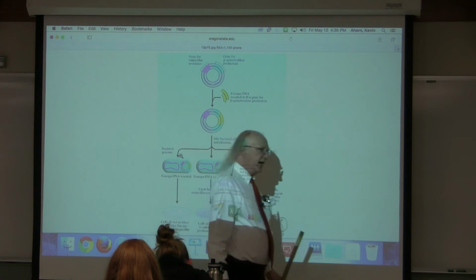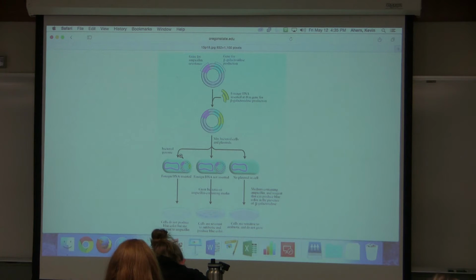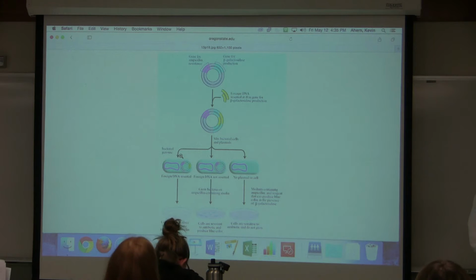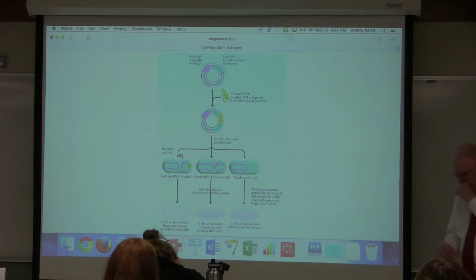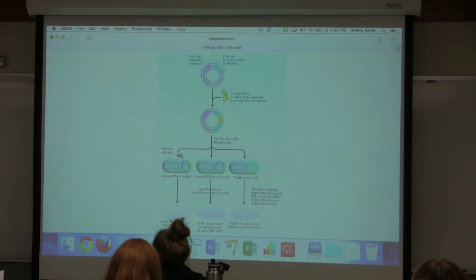Now, I told you I took the lac operon out of the cells. You might remember that we had something that acted to enhance the transcription of the operon, right? What acted to enhance? Well, one of the things that we needed was we had to get rid of the lac repressor.